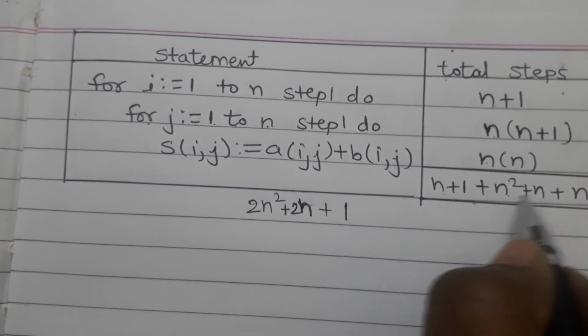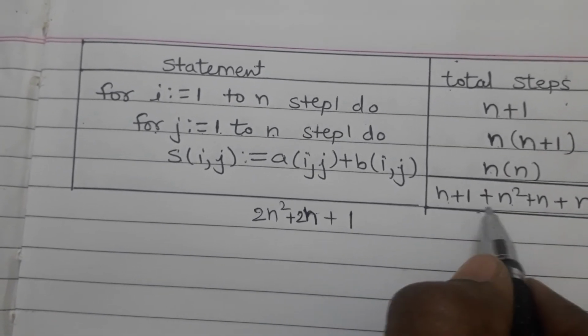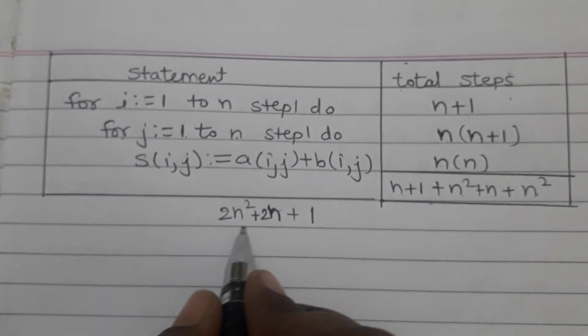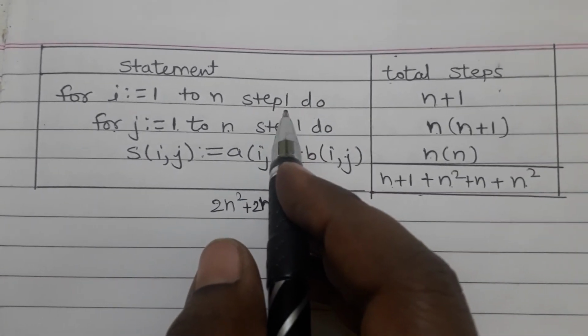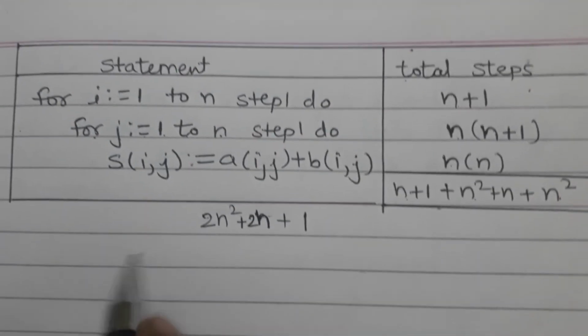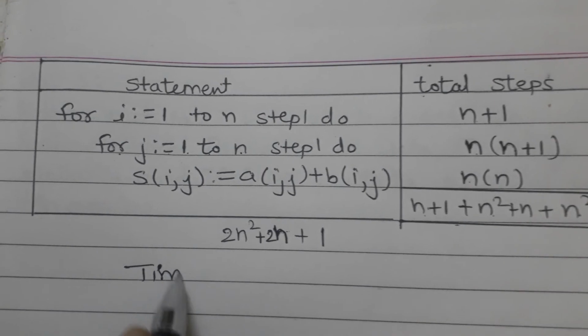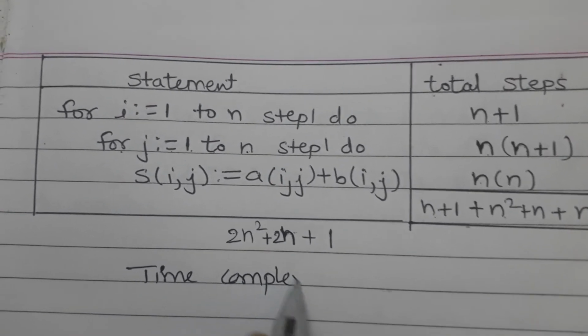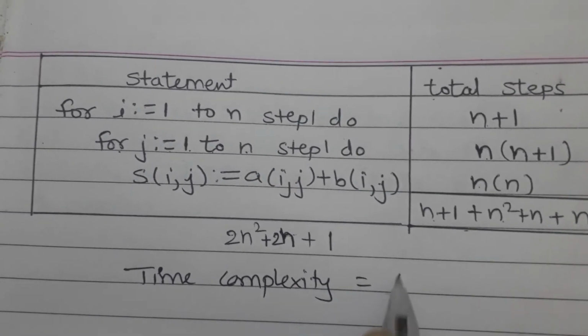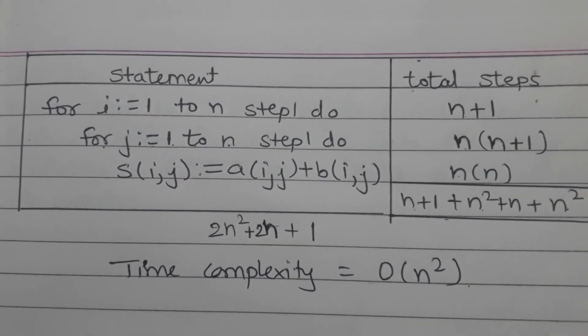So it is 2n square plus 2n plus 1. This will be the total steps to execute this code, so that we can find the time complexity. It will be big O of n square.